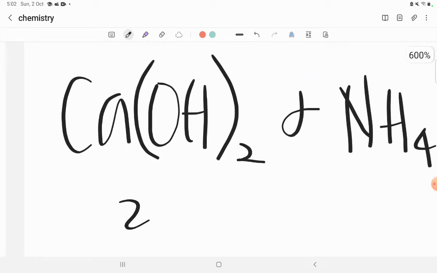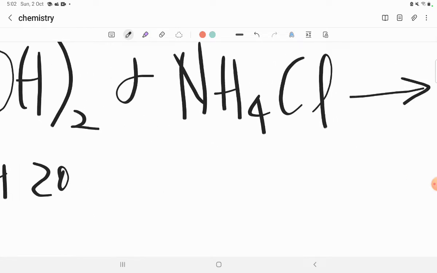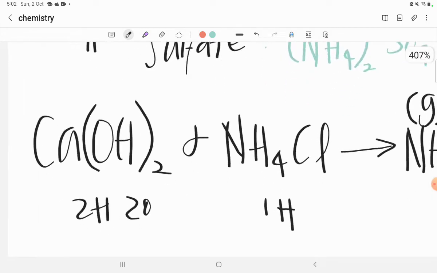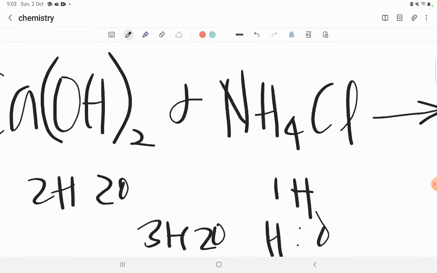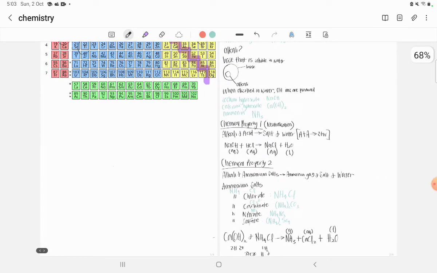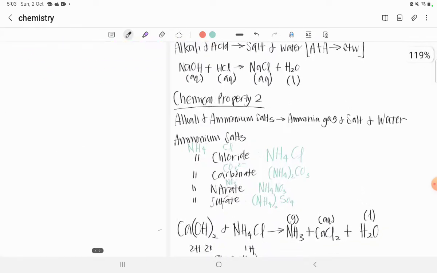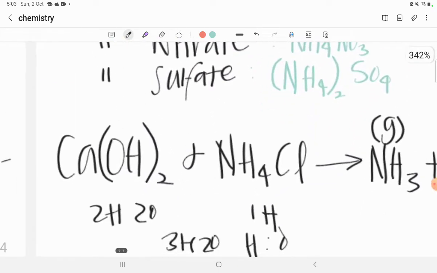Okay, so there's 2 hydrogen, there's 2 oxygen, and then there's one hydrogen, the leftover, right? So in total we have 3 hydrogen and 2 oxygen, and we cannot make H2O because we need the ratio of hydrogen to oxygen to be 2:1. Oh man, I reached the end of the page.